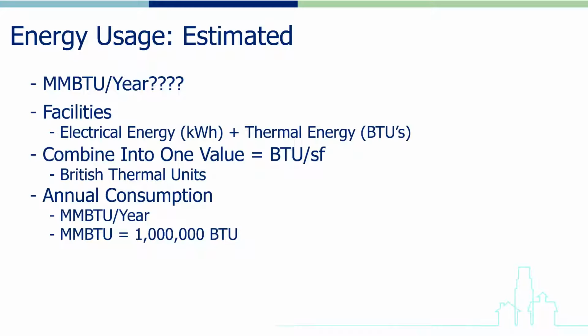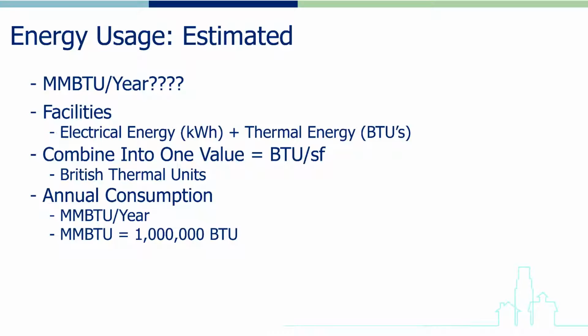Okay, so what exactly does MMBTU mean, and why do we use it to estimate energy usage? The energy that buildings consume typically includes both electricity and the gas or oil used for heating. To generate one number that includes both forms of energy usage, the electricity use can be converted to BTUs per square foot, or British thermal units per square foot, the same unit used to measure heat energy.